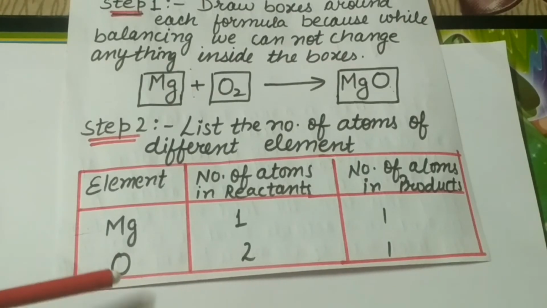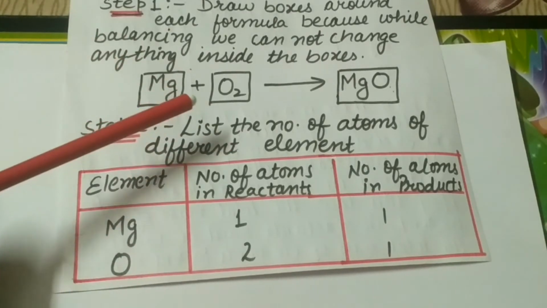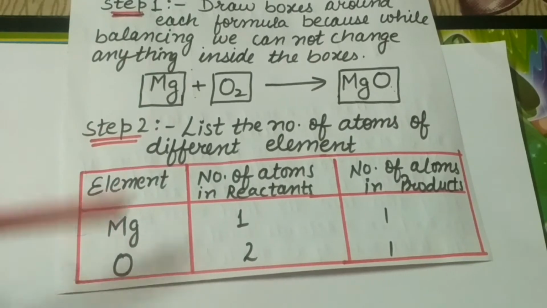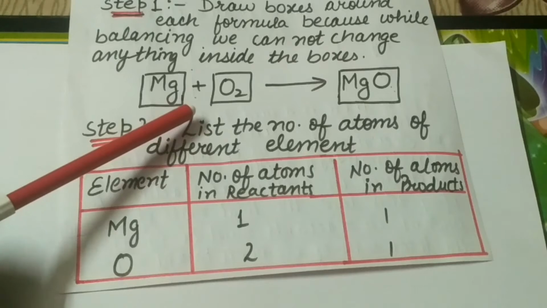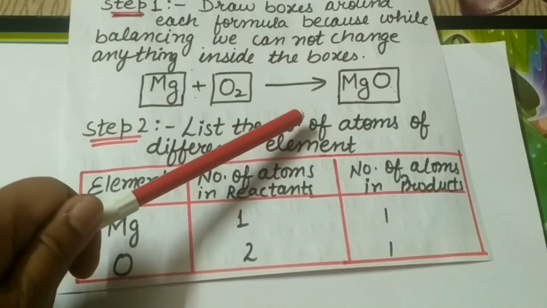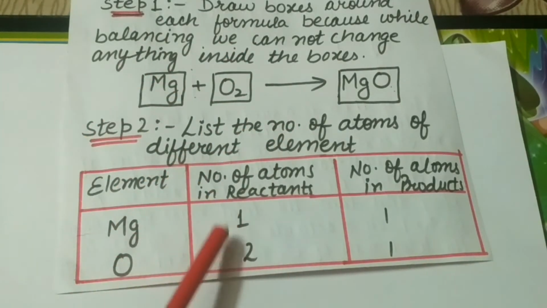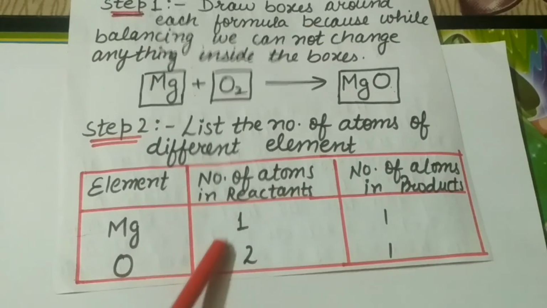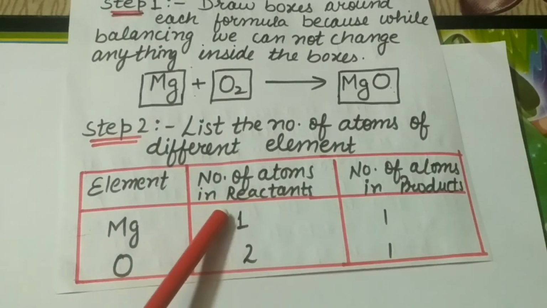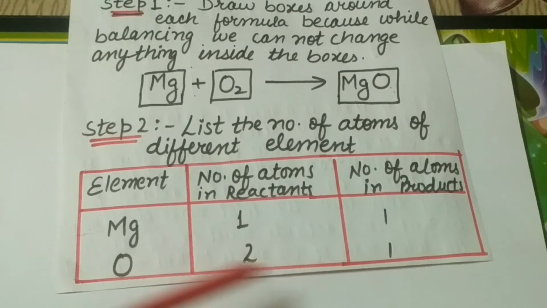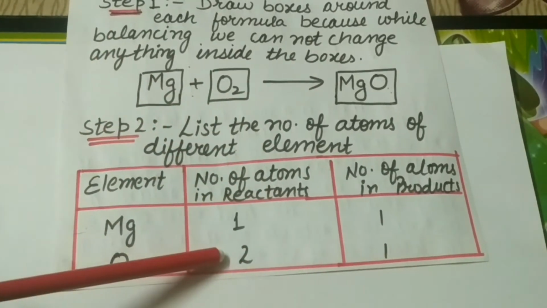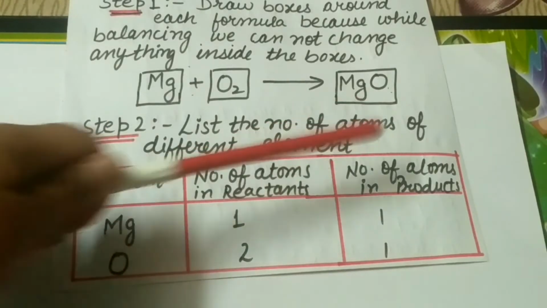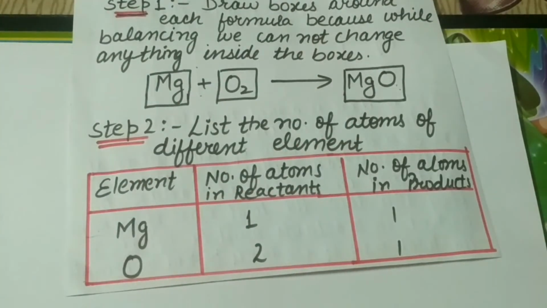So here two elements are present, therefore I have written 2, magnesium and oxygen. Now we have to see the number of atoms on the left hand side and right hand side, as we discussed in the unbalanced chemical equation. Here magnesium 1, oxygen 2 on the left, and magnesium and oxygen contain 1, 1 atoms on the right, that I have written here.